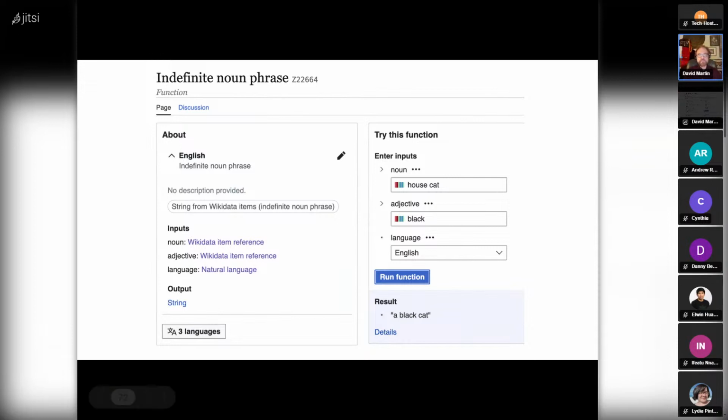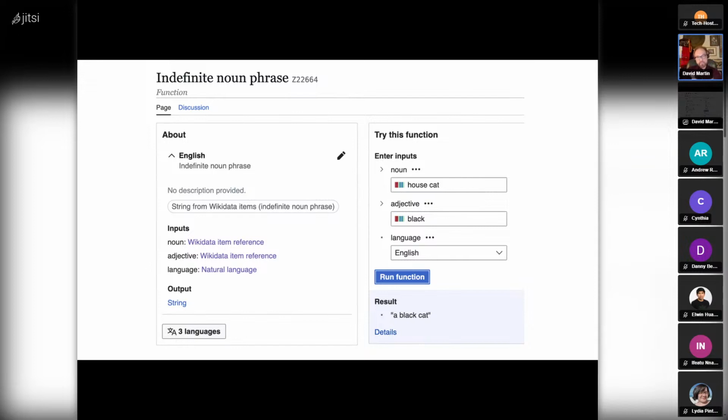This function, indefinite noun phrase, takes two Wikidata item references and a language, and it returns a natural indefinite noun phrase for talking about that content. So we're telling it I want to talk about the concept of a house cat and the concept of blackness, and to generate a phrase for that in the English language.